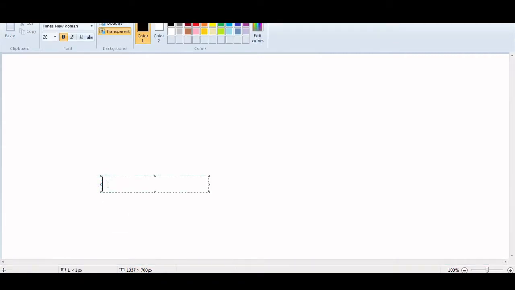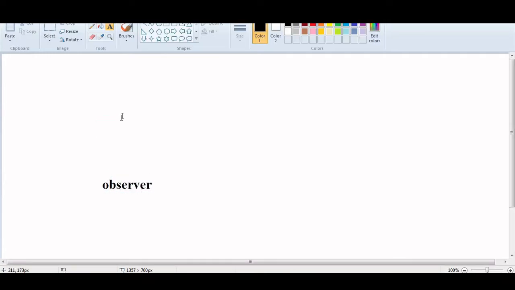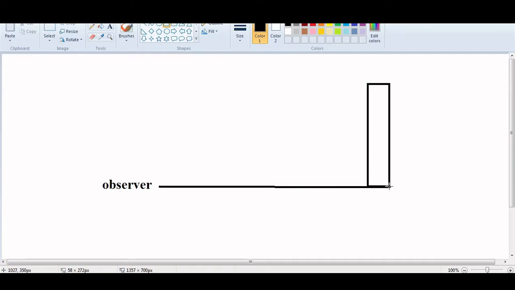So here is an observer, and at this point the observer is located. This is the ground position, we have to take some reference, so it will be the ground. Now let us assume that there is some object, a tower, having some tip or antenna over there.